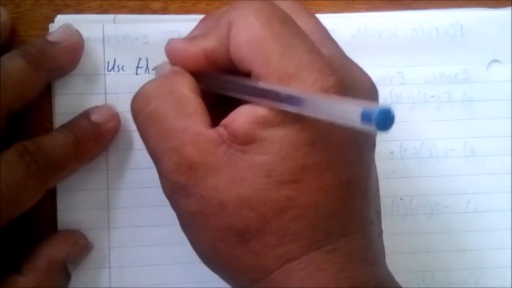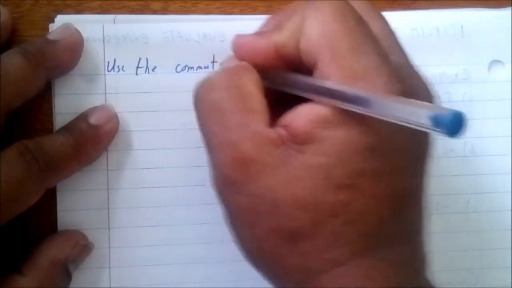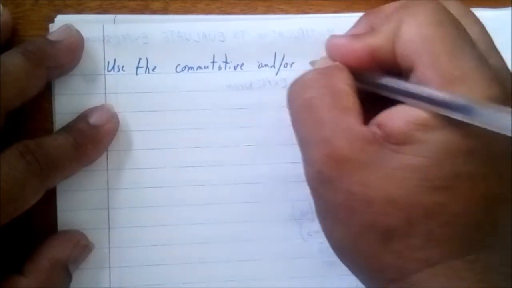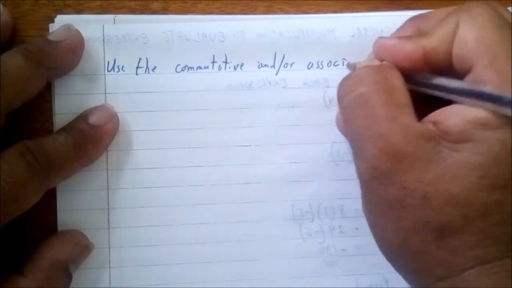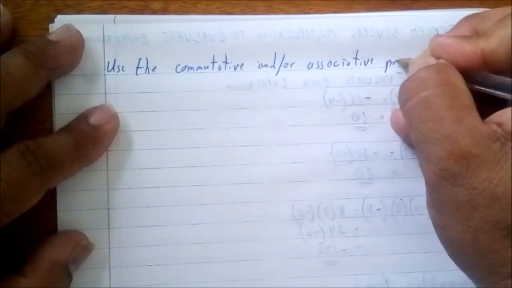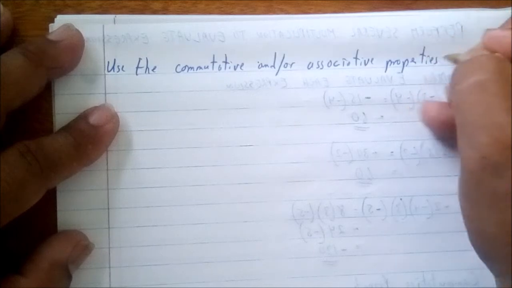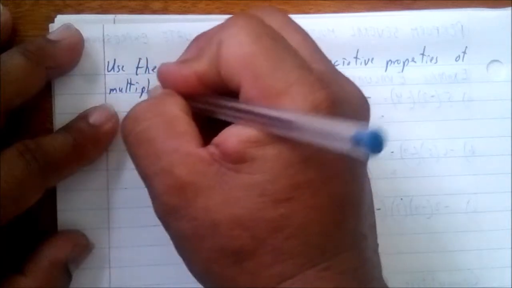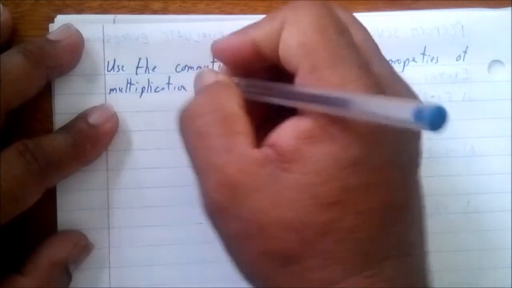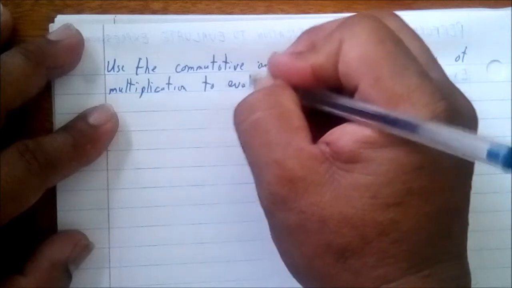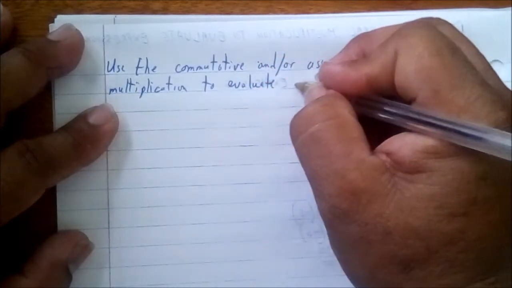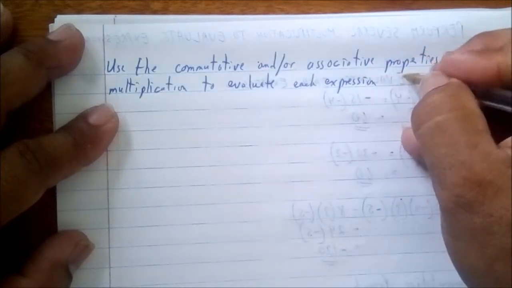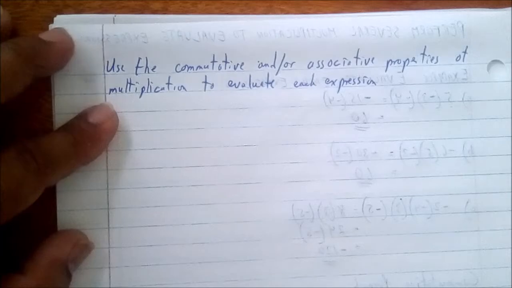Use the commutative and/or, you will decide, associative properties of multiplication to evaluate each expression. Okay, so let's start.